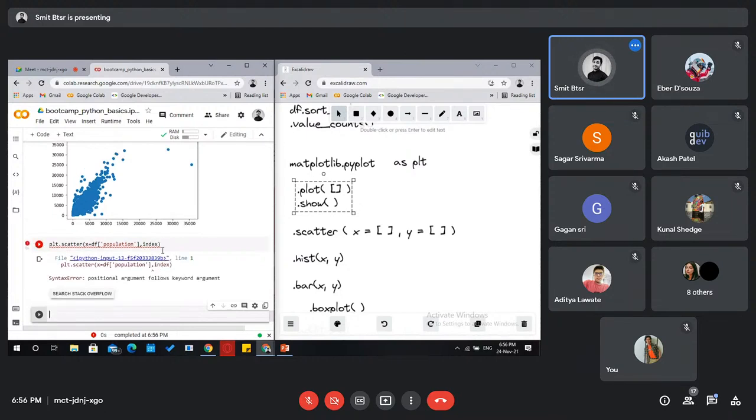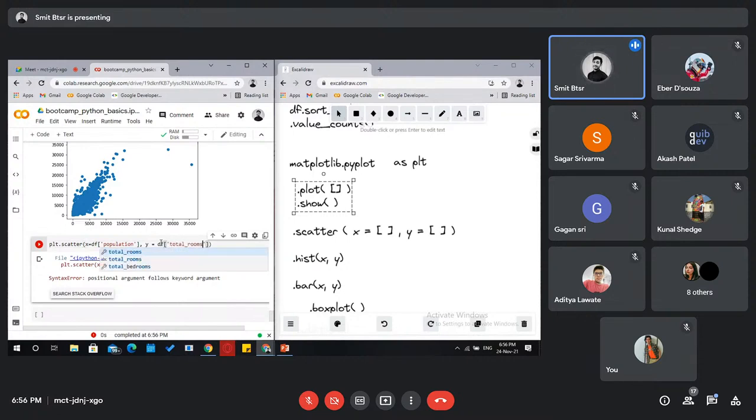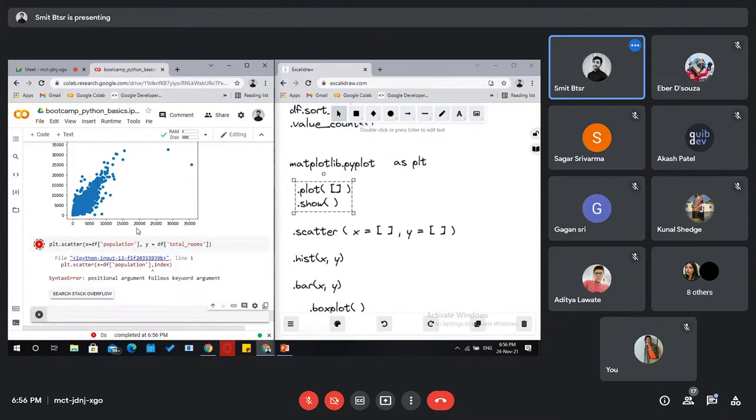We cannot use index. Okay, we will use two columns directly. y equals df total rooms. We should get a graph something like this, a dotted graph.